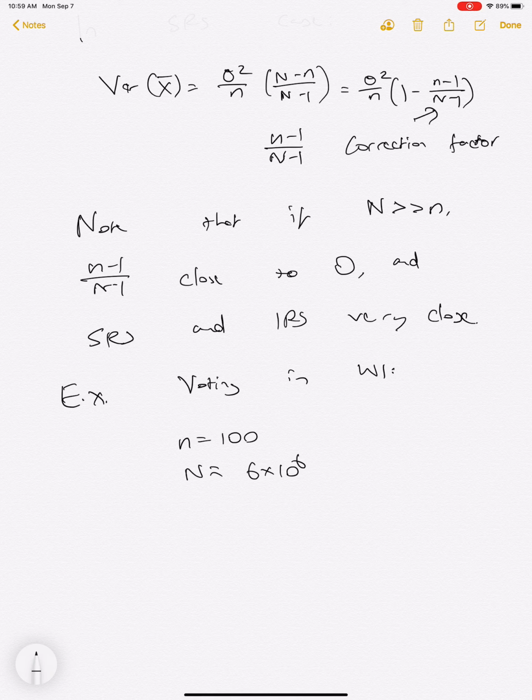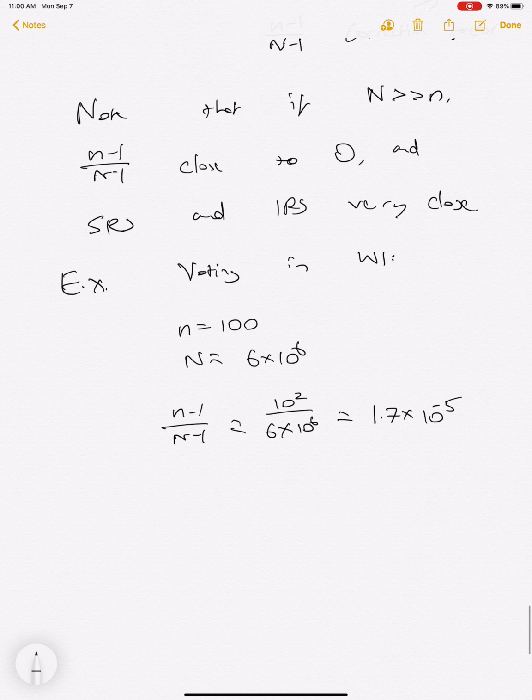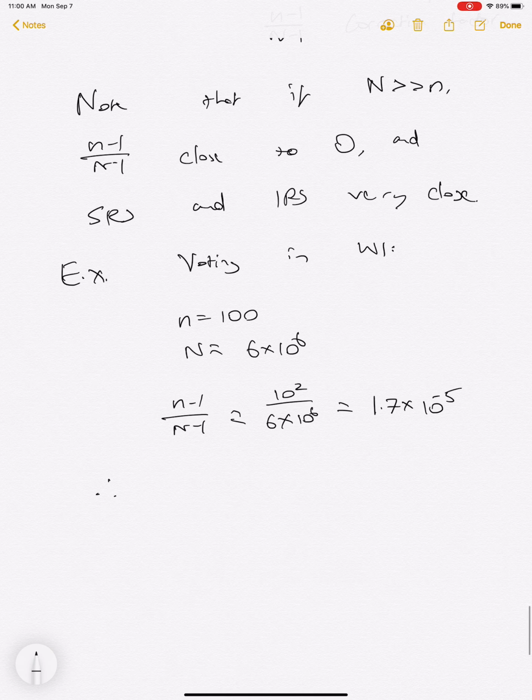So in that case, you can see that n minus 1 over big N minus 1 is going to be approximately about 10 squared divided by 6 times 10 to the 6, which is about 1.7 times 10 to the power of negative 5. And so therefore the difference is very small.